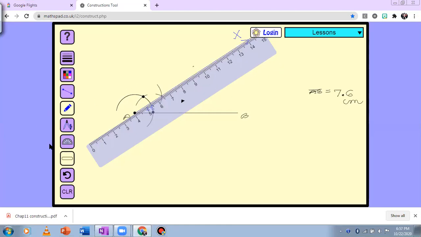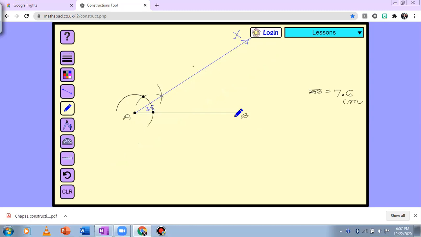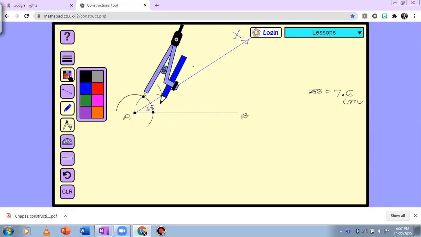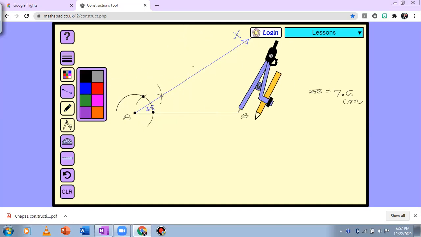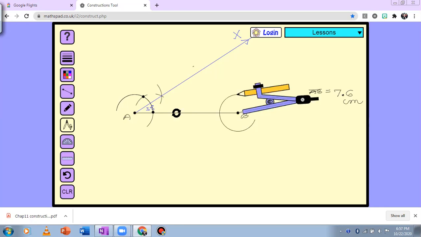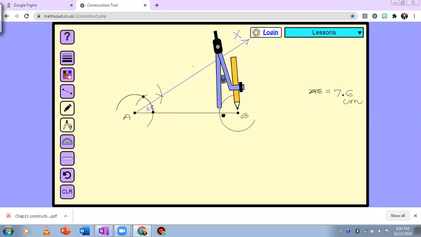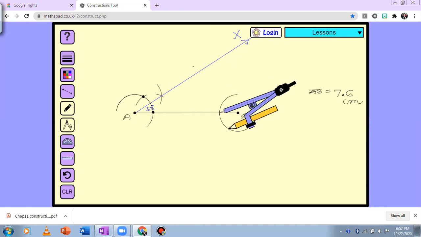And I want to do the similar thing from the other endpoint, which is B. So I'm going to use the compass and let's go to the endpoint A, draw a semicircle, then from this end, draw an angle of 60 degrees.